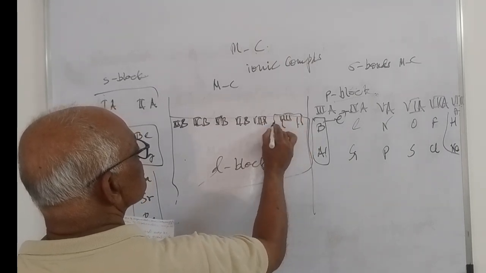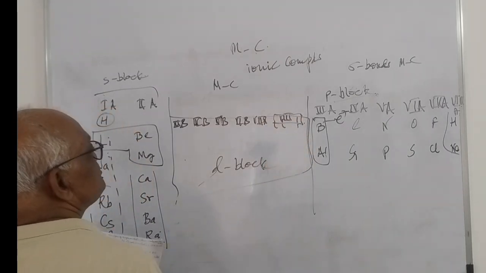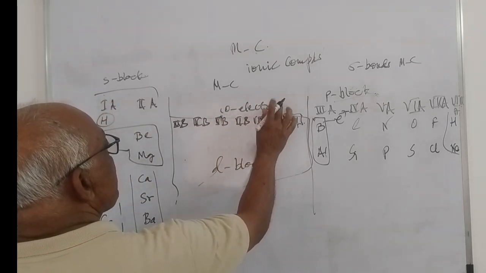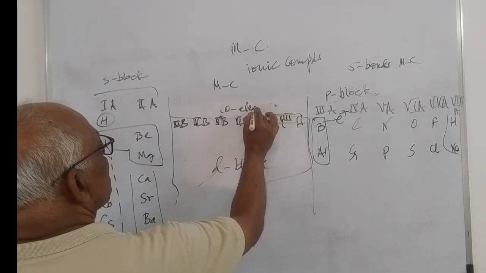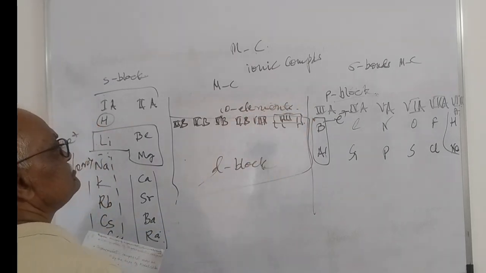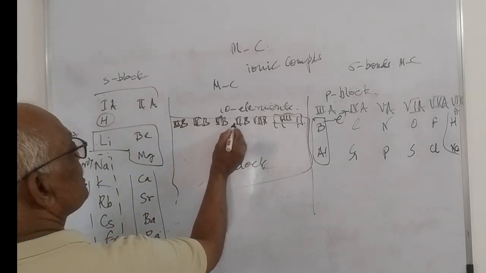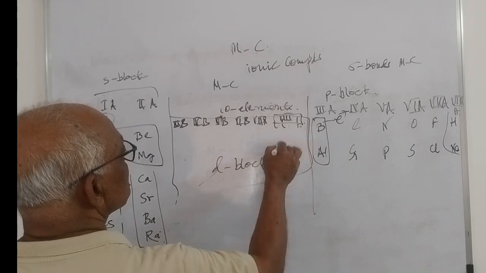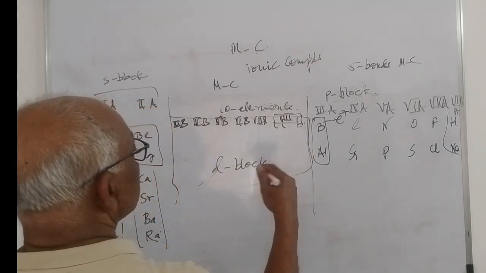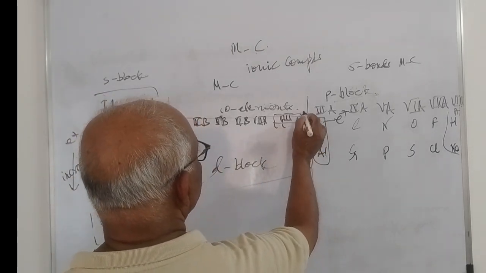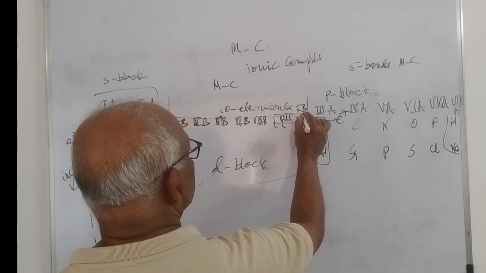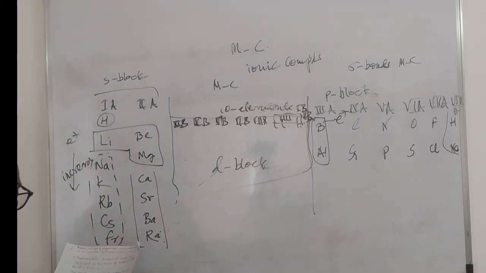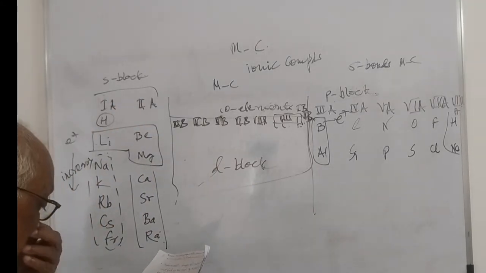So in all there are 10 elements in the row, 1, 2, 3, 4, 5, 6, 7, 8, 9, 10. So there are 3 rows. And again, after this third B, there is first B and second B. In all there are 10 groups in this block.